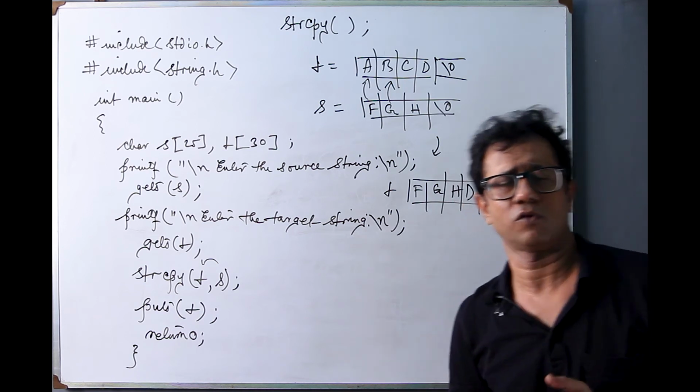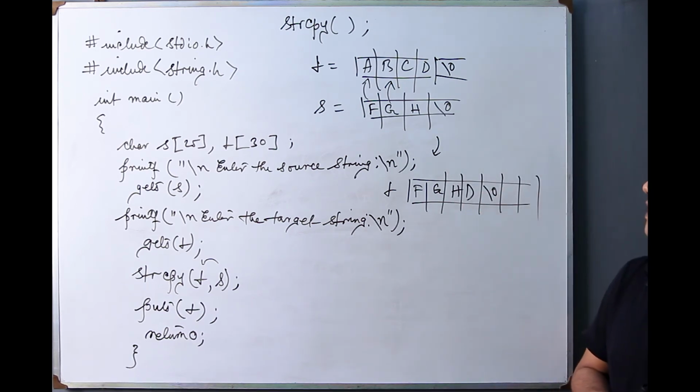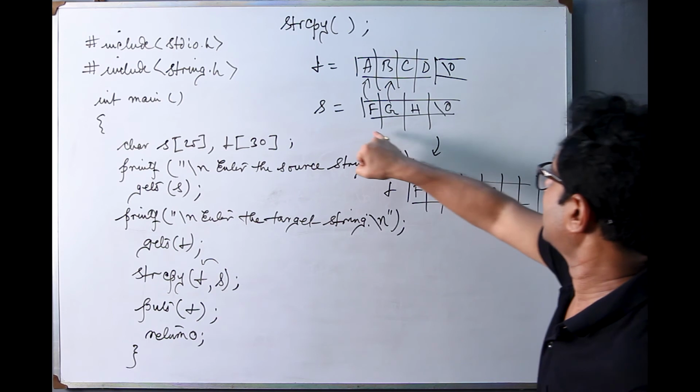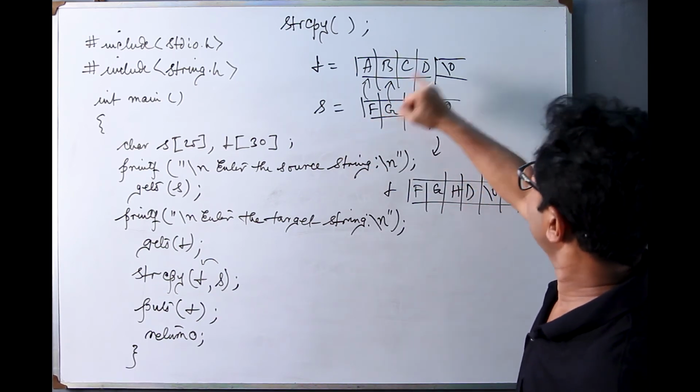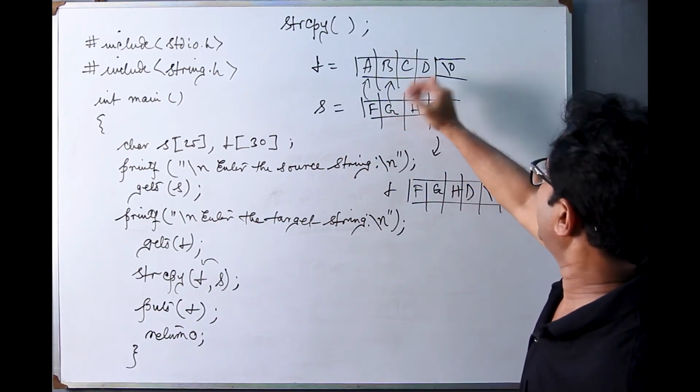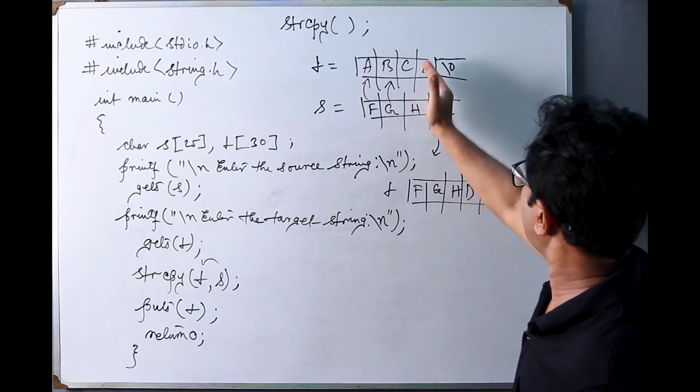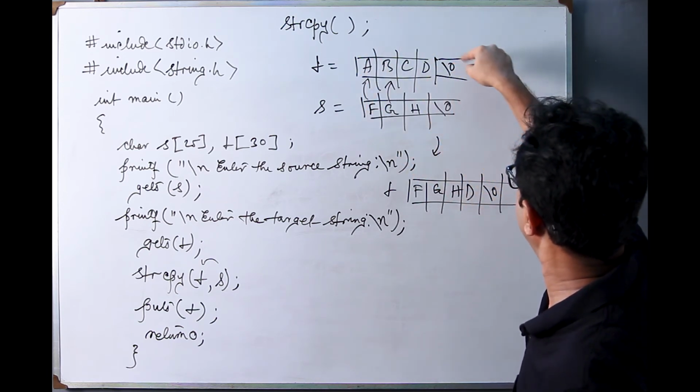This is a bit different from the strcat function, which we described in one of our previous videos, in which the source string is joined after the target string, from the position of the null character.